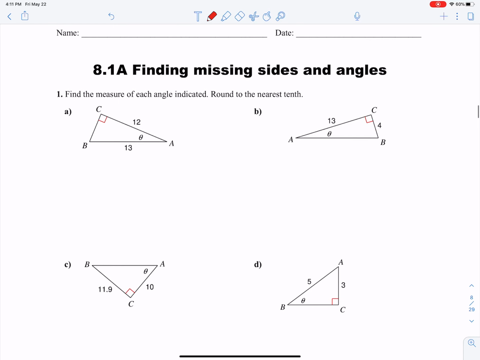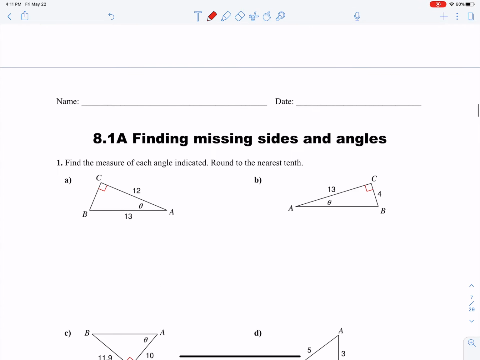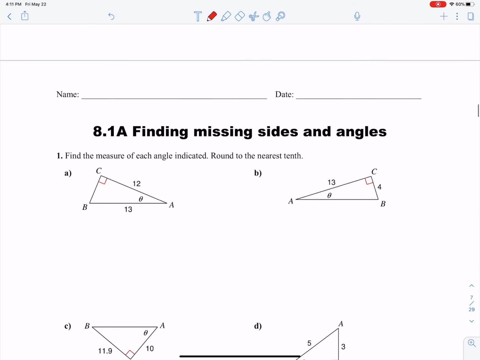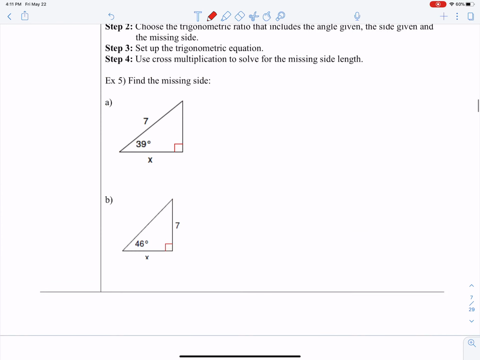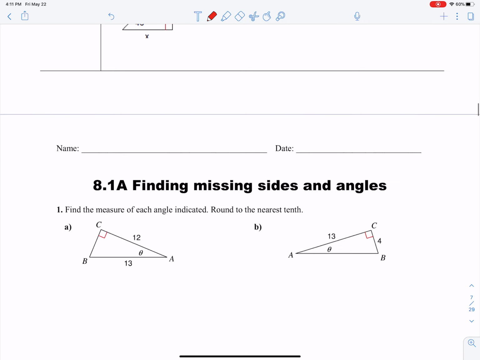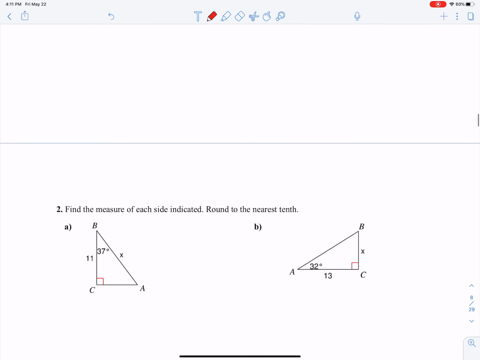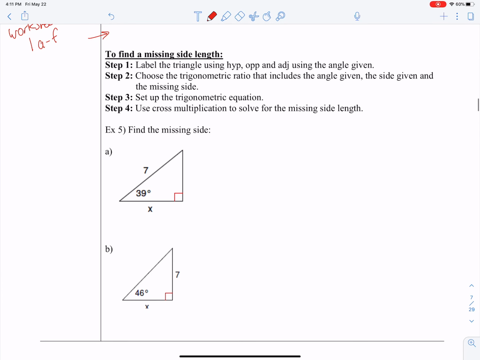This is all find the measure of each angle. Okay, so you're going to do number 1 on this page. So 1A, B, C, D, E, F. So you do worksheet 1A to F. Okay, and then we're going to come back and I'm going to show you how to find the missing side length in part 2.